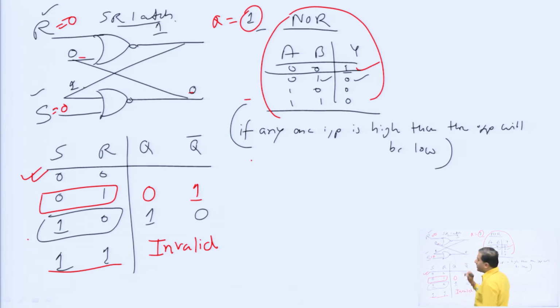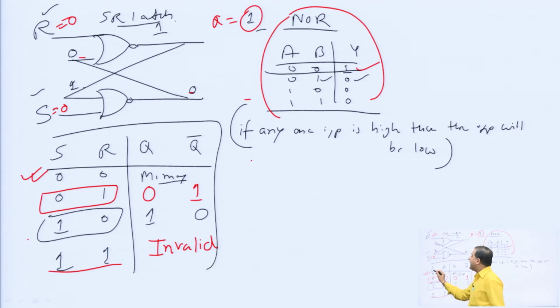So in this case also, if we consider Q equal to 1, the next state is also Q equal to 1, meaning retained; present state and next state are the same. This is nothing but the memory concept. So this is the final truth table of the SR latch using NOR gates.